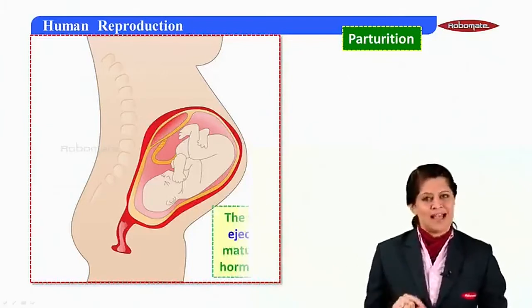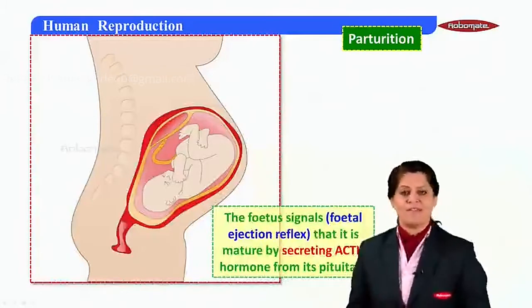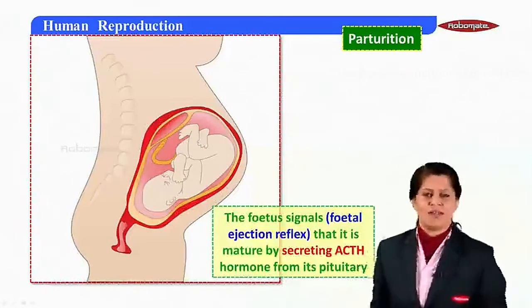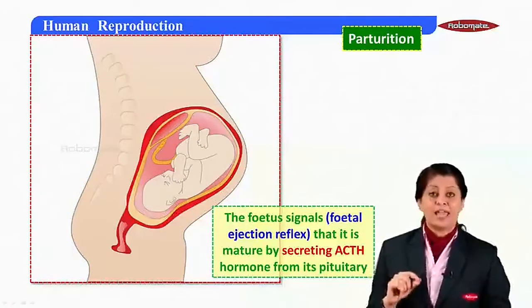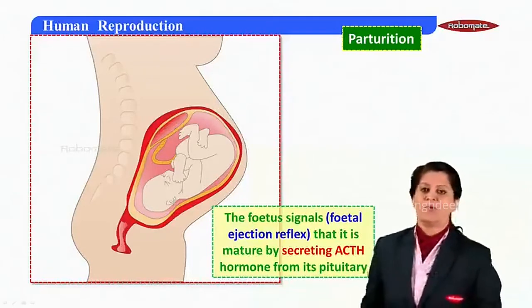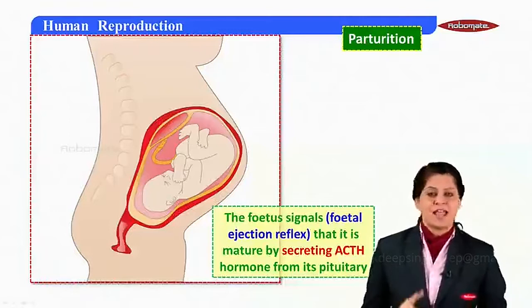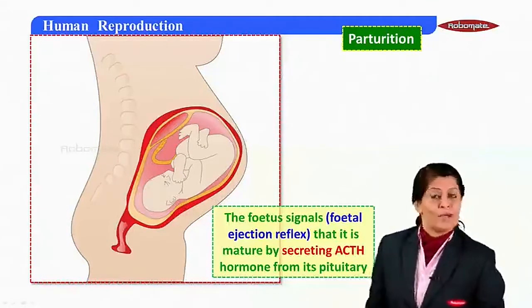And what is that? Fetal ejection reflex, students: the fetus signals that it is mature enough by releasing ACTH hormone from its pituitary. And we remember ACTH is adrenocorticotropic hormone.